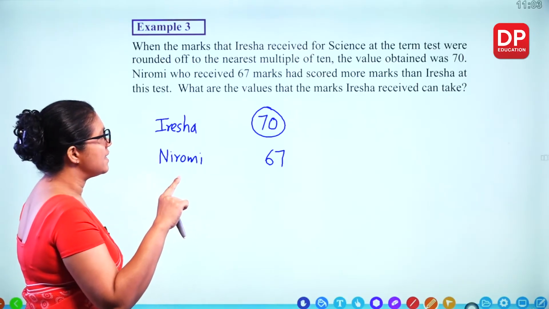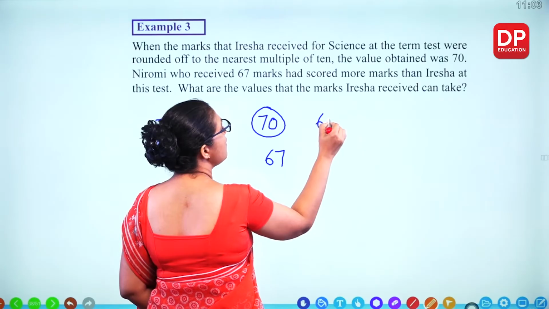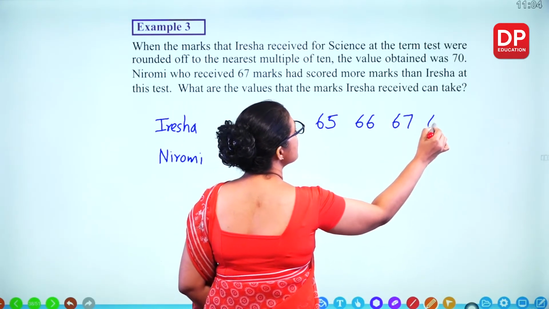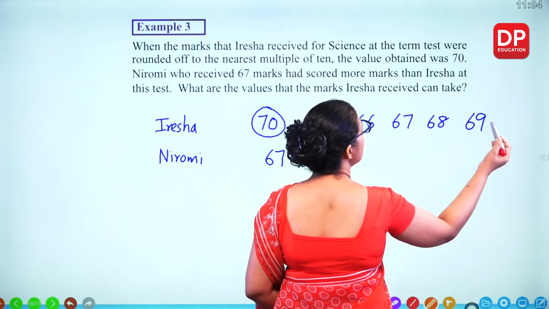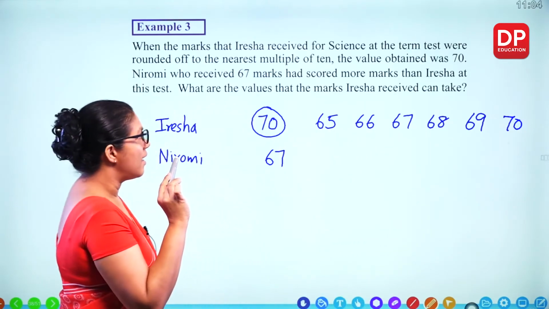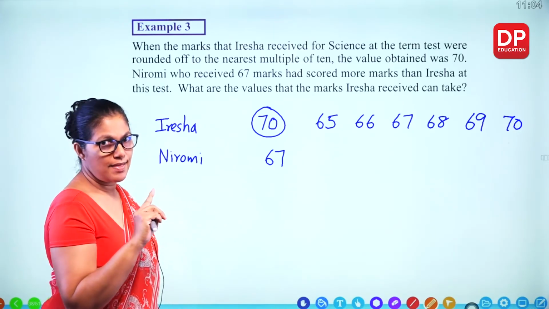So the possibilities towards this side are 65, 66, 67, 68, 69 and 70 to get a value 70 but less than that.